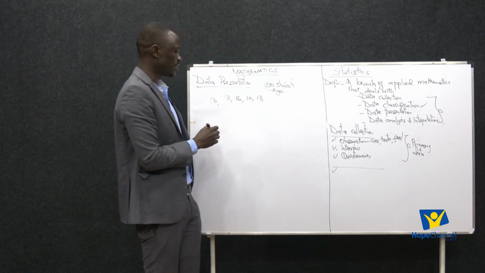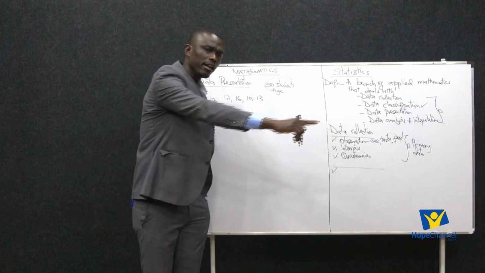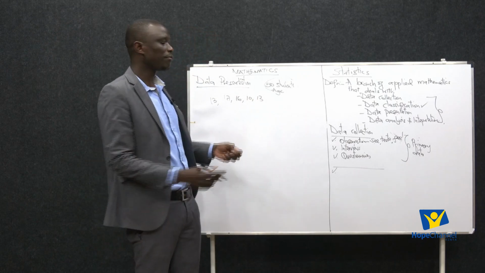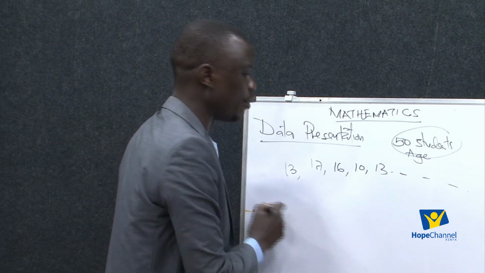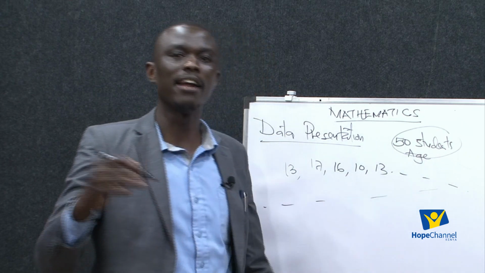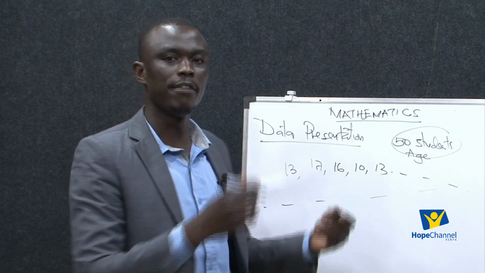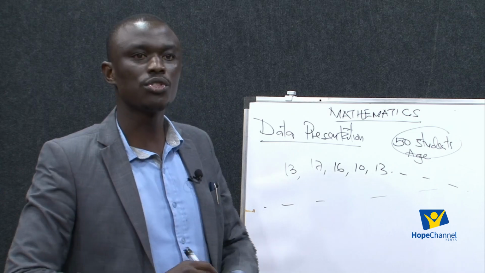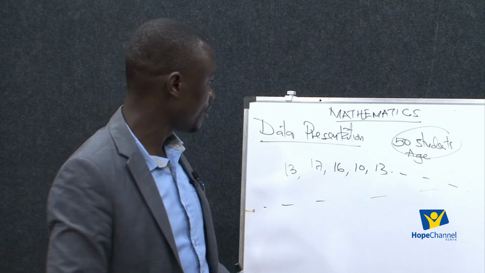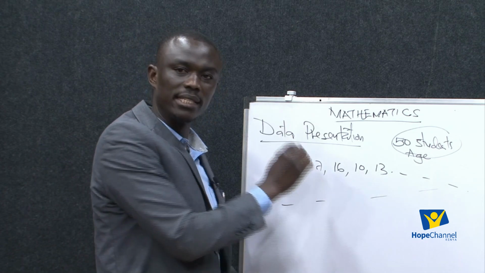So look at this list. It will be a very long list. For you to summarize this long list, assuming that now we have maybe 500 students, it will be a very, very long list. So in order to solve this problem, we need to present this data.